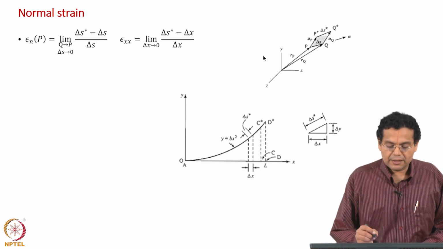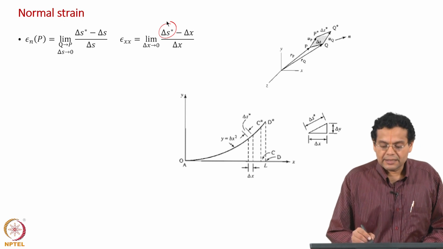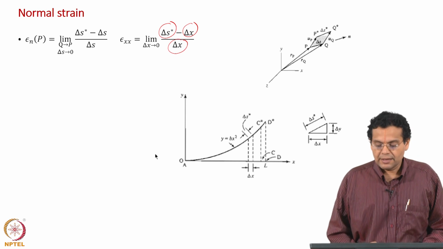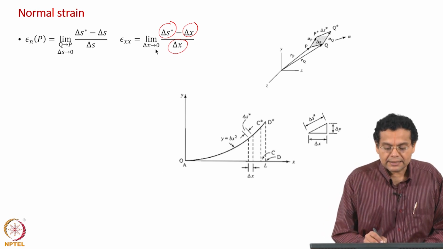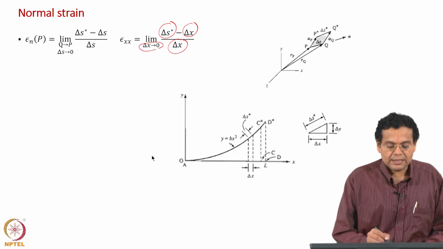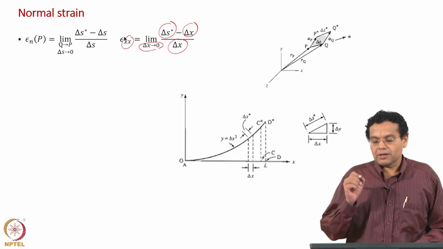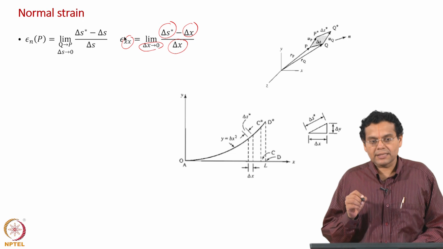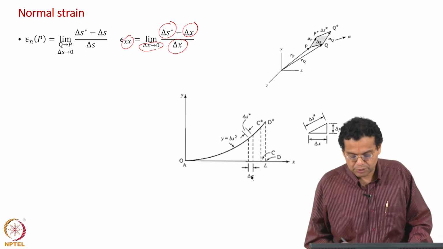So, our delta s star is the final length, initial length is delta x because along the x axis, and instead of delta s tending to 0 I write as delta x tends to 0, and instead of n I write as epsilon x x. We said for the normal strain of line elements along x axis are denoted as epsilon x, in the two subscript notation they are epsilon x x, and that is what is shown here.